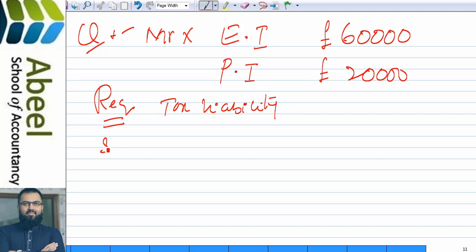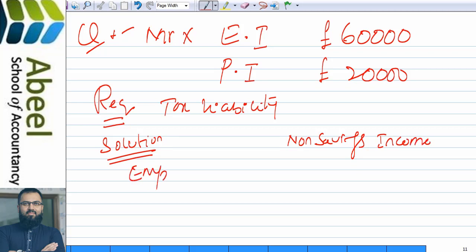Let us solve this question. How would you solve this question? First you need to write non-saving incomes. Because these both are non-saving incomes, so we have to write non-saving incomes. Number one is employment income, so let us write employment income over here. Then 60,000.